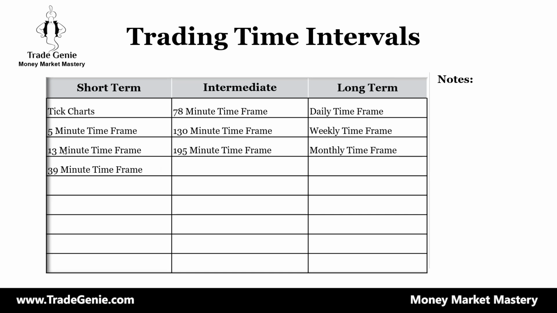So the multiples of 13: 130, which is 10 bars; 3 bars; 78, which is 6 bars; 130; 195. And 13 also goes into the daily time frame. So the lowest time frame you can have is 13-minute equal bars.